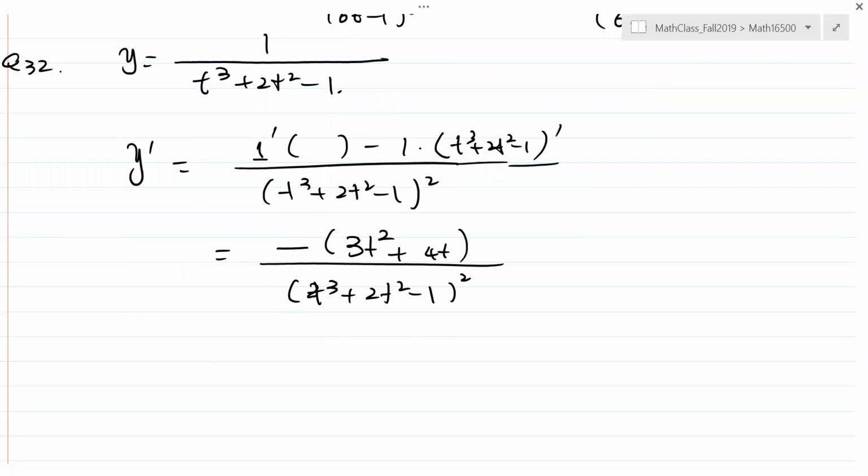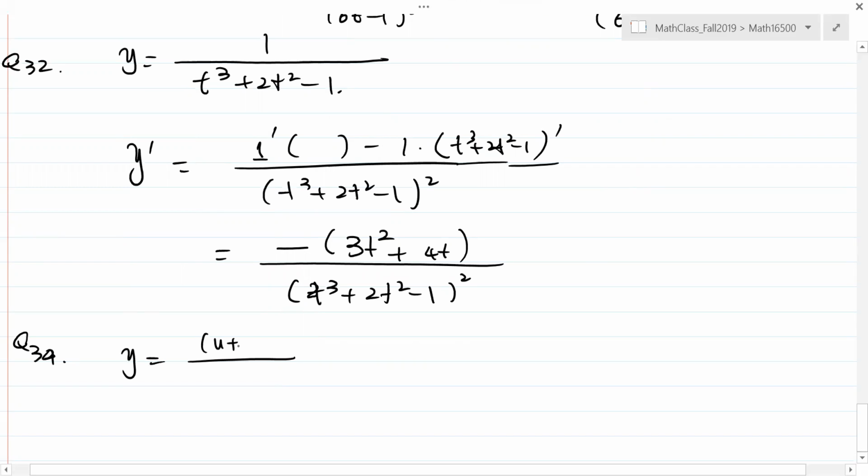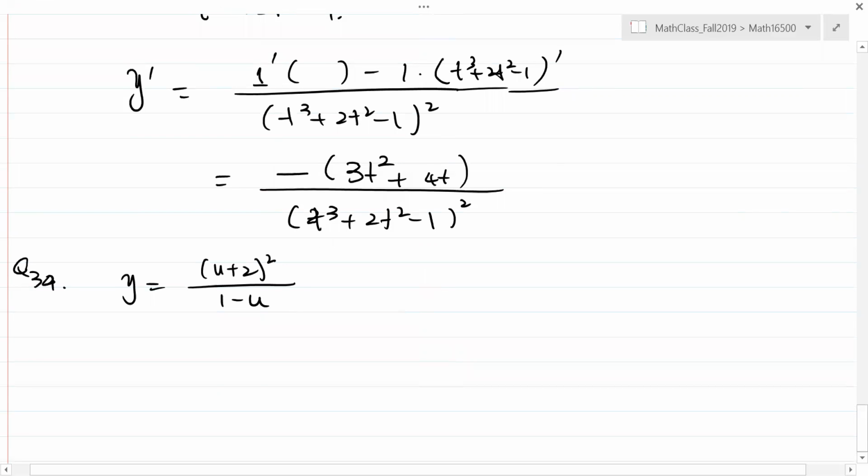All right, next one. Okay. I have to multiply this out to u squared plus 4u plus 4. You can use long division to simplify this a little bit, but it's okay.